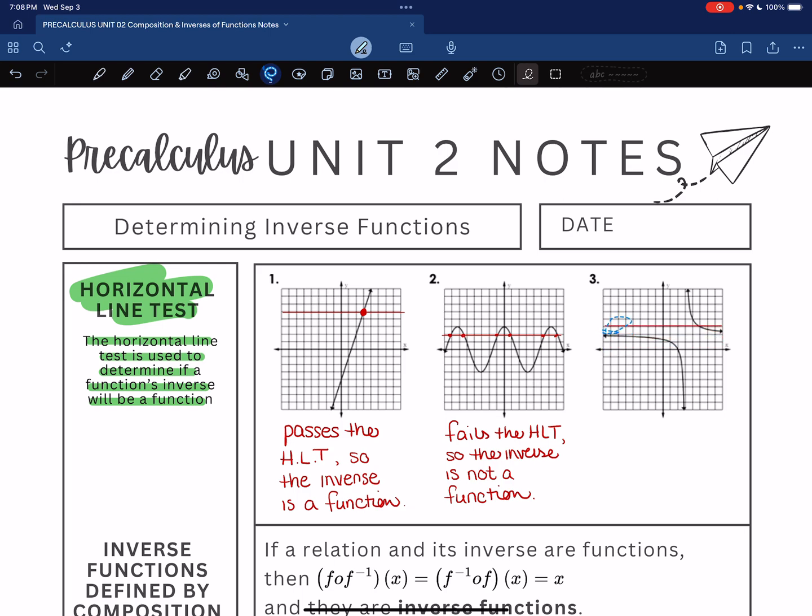Even though the slope gets very flat over towards this end, it never actually gets completely horizontal. So we're only ever touching one point. So we can find the inverse of a reciprocal or a rational function like this one.